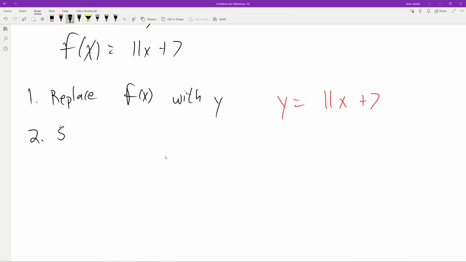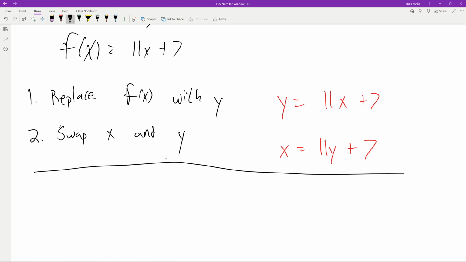I prefer to swap x and y. And by swap x and y, I would just mean replace them with each other. So replace the y with an x, replace the x with a y. Let me draw some lines here so maybe it's clear that these go with this.